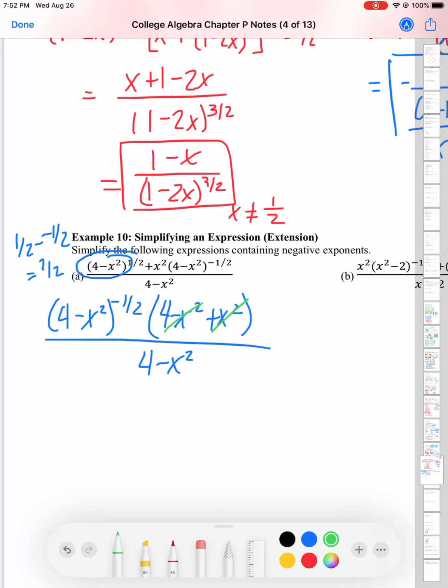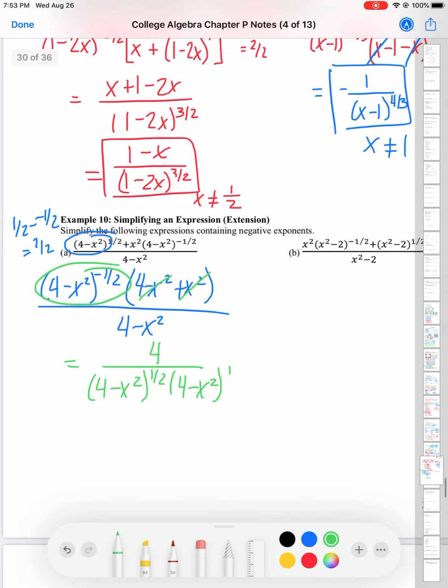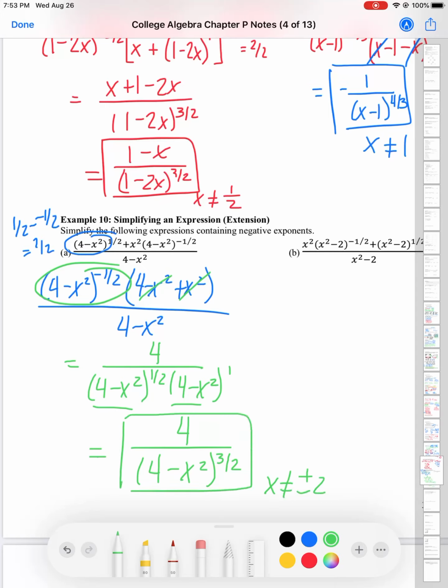So this works out well because these two terms cancel, and then I'm going to send this term to the bottom so it becomes a positive exponent. So I have 4 over (4 minus x squared) to the 1/2 times (4 minus x squared) to the first power. Now when I'm multiplying something with the same base, I add the exponents. So I have 4 over (4 minus x squared) to the 3/2. x cannot be plus or minus 2.